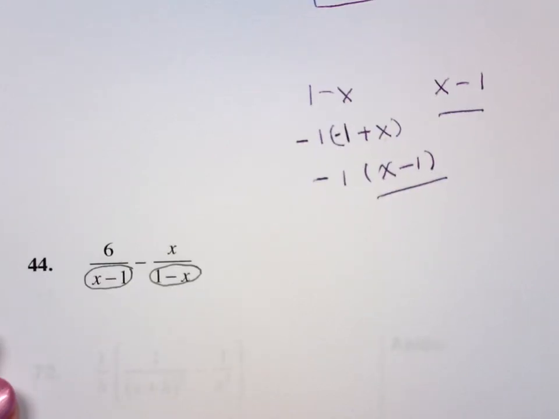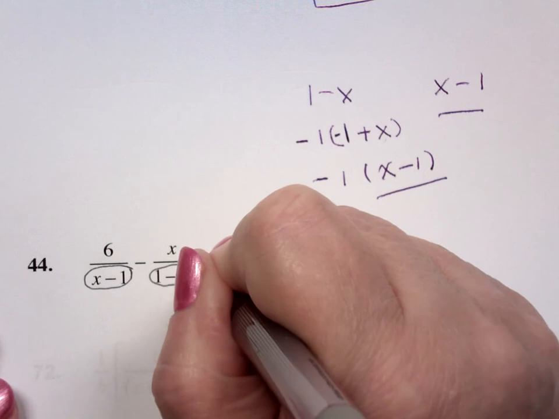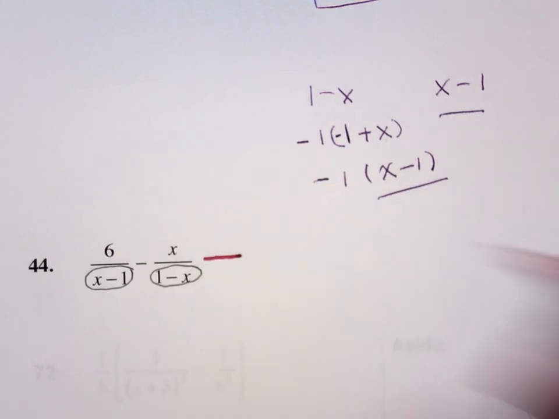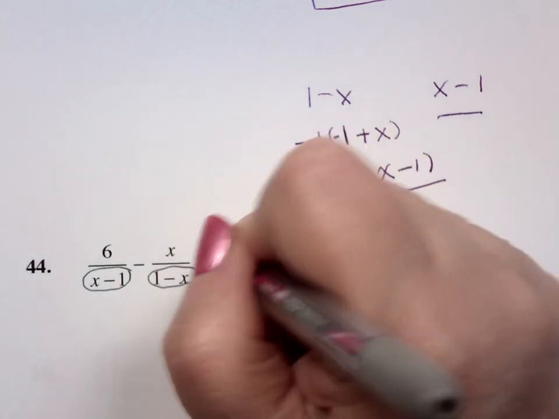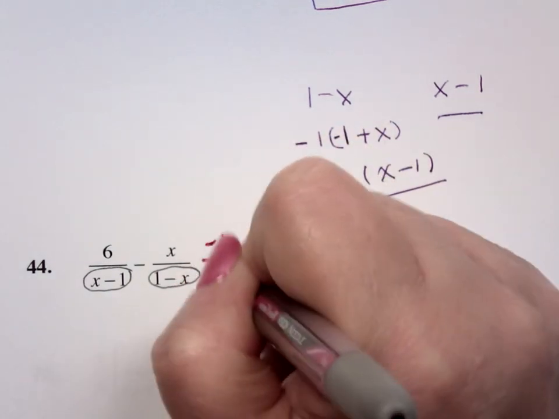What I normally do is this. Whenever we're doing common denominators, remember we multiply by 1 to get the same denominator, where 1 could be x plus 1 over x plus 1. But in this case, I'm going to multiply by minus 1 over minus 1. It's 1.